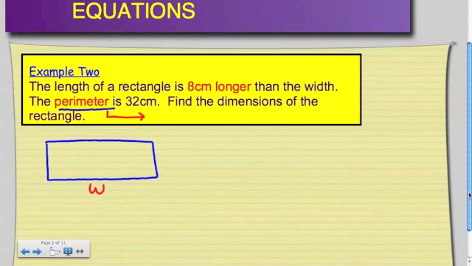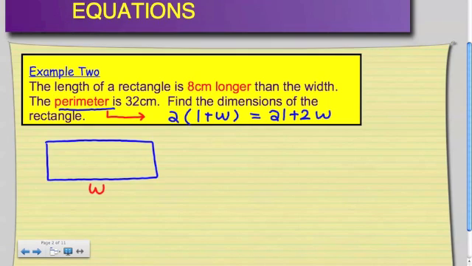Now, does anyone know what the perimeter formula is when we're talking about rectangles? Yep, Matthew? Okay, yeah, or another way of saying that is 2 times L plus W, right? Because we're going to have our length plus our length plus our width plus our width, or 2 times length plus W, which can also be 2L plus 2W.